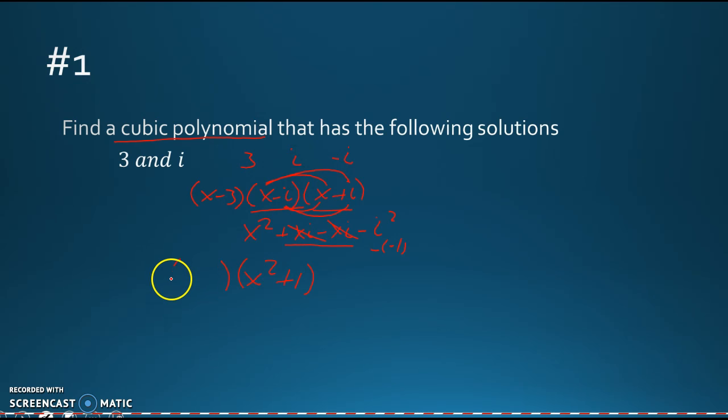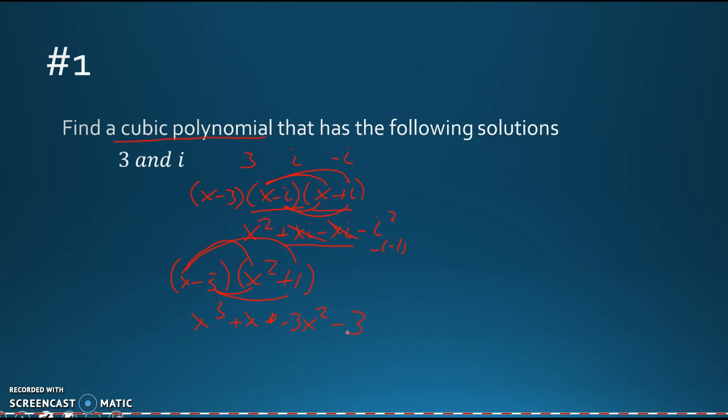So then I'm going to multiply this times my first factor, which is x minus 3. So I'm going to have x times x squared is x to the third. I'll have x times 1, which is just x. Then I'm going to have negative 3 times x squared, which is negative 3x squared. And then negative 3 times 1 is negative 3.